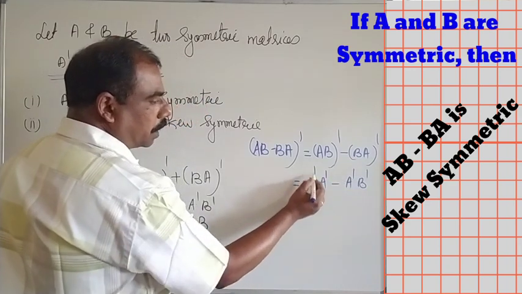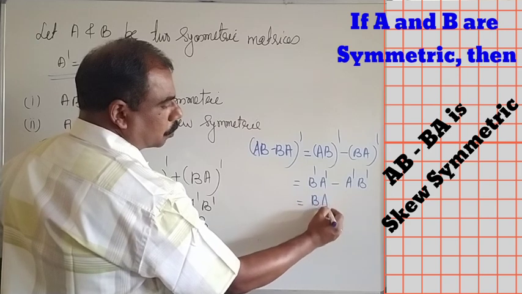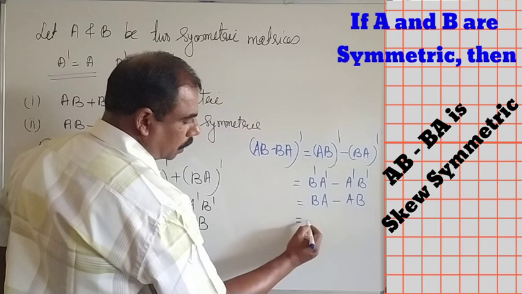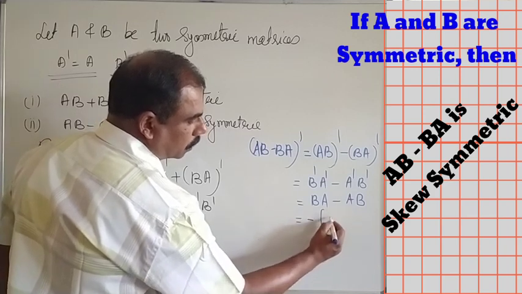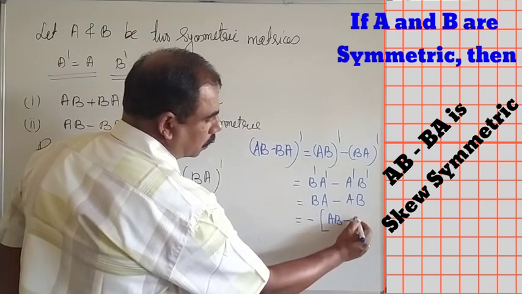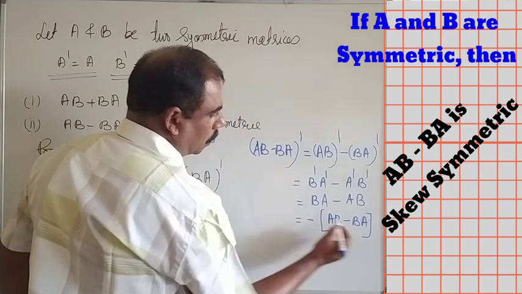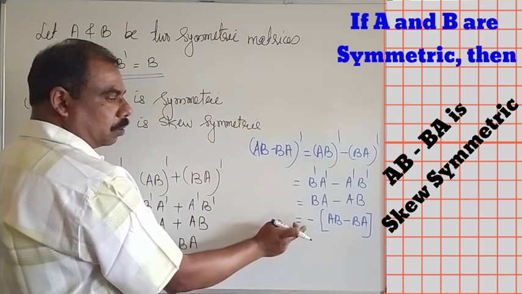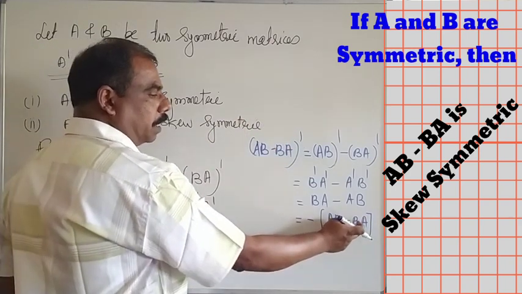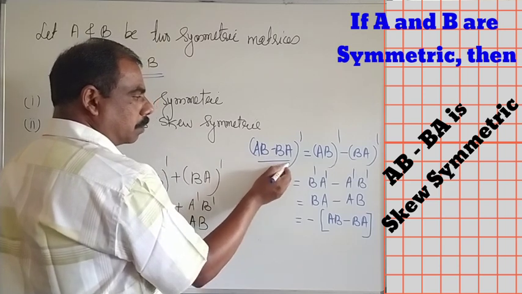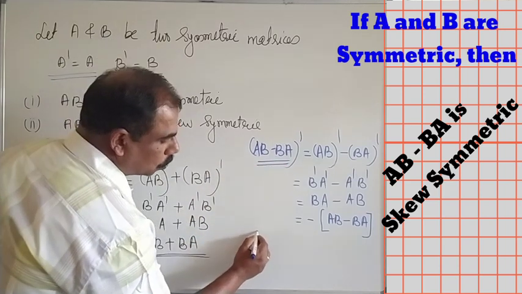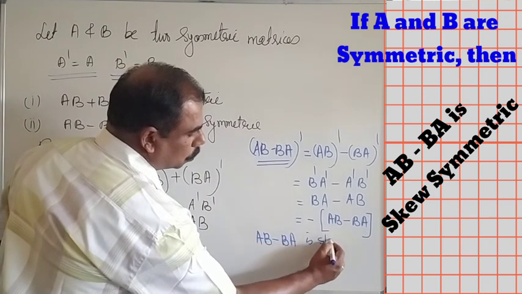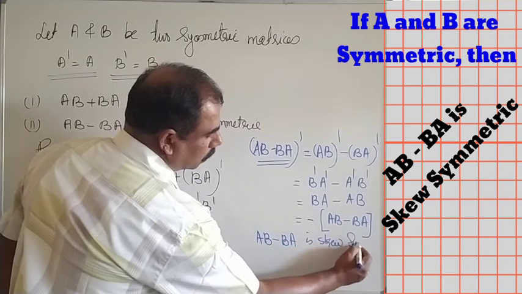That's equal to B transpose is B itself, A transpose is A, minus A into B, or it can be written as minus of the matrix (AB minus BA). Therefore, we proved (AB minus BA) whole transpose is equal to minus of (AB minus BA). Therefore, this AB minus BA is a skew symmetric matrix.